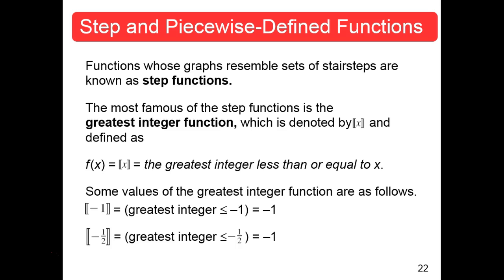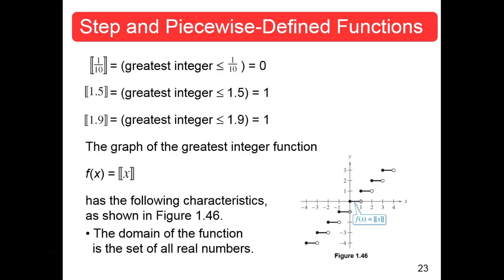Now, there are some more of those. Let's see, yeah, here they go. Greatest integer in 1/10. Is it less than or equal to 1/10? It's 0. No, it would be, find 1/10, look to the left, what's the next integer you see? 0.